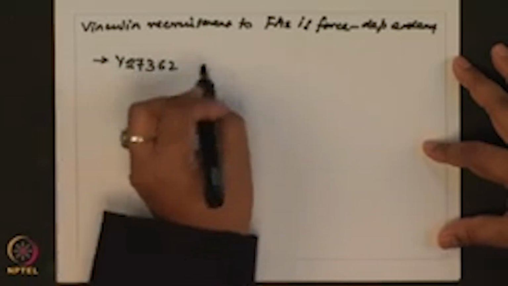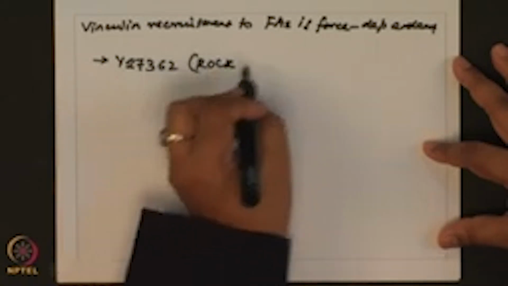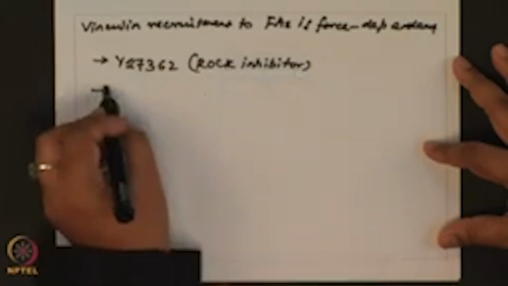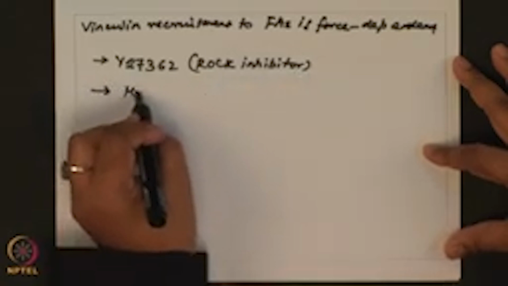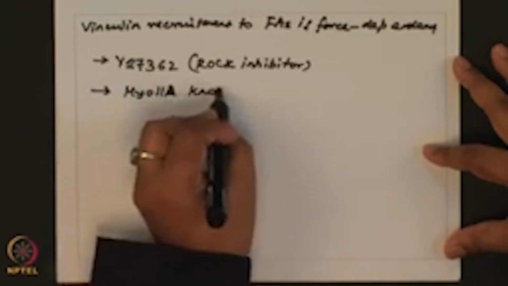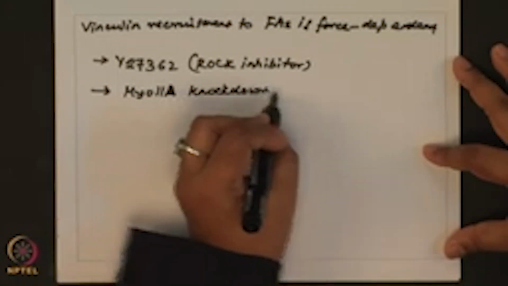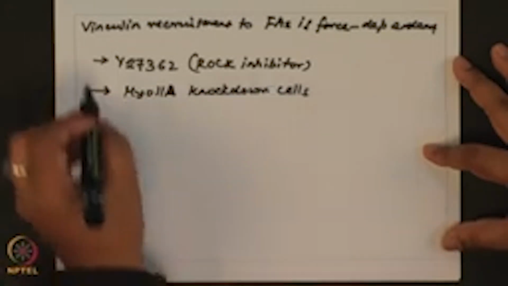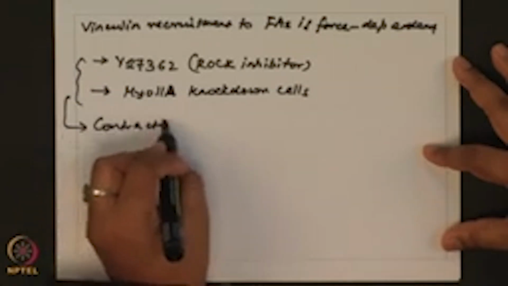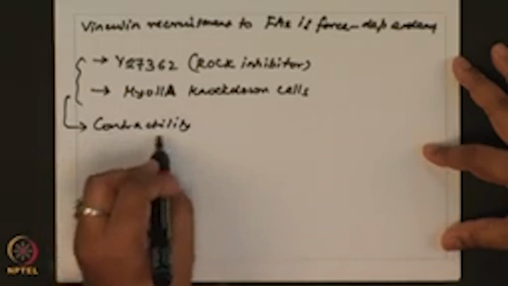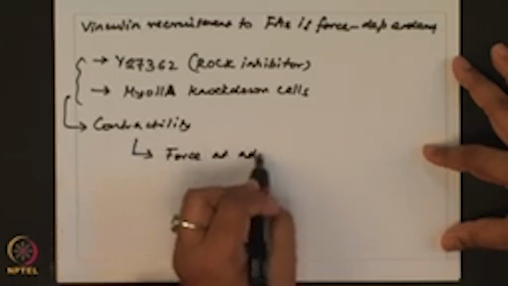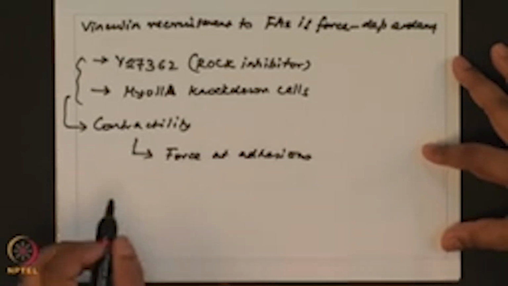One is Y27632, the ROCK inhibitor, and they also used myosin 2A knockdown cells. In both these treatments contractility should go down, so the force at adhesions is supposed to go down.